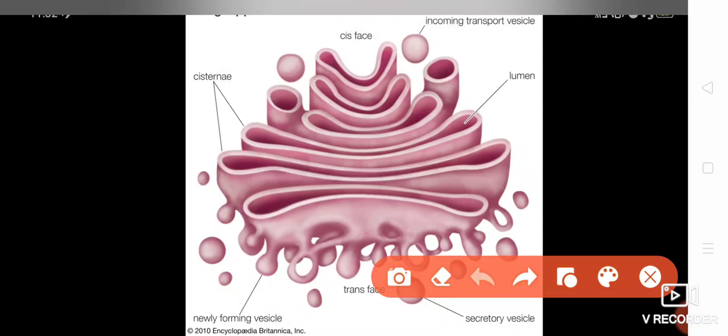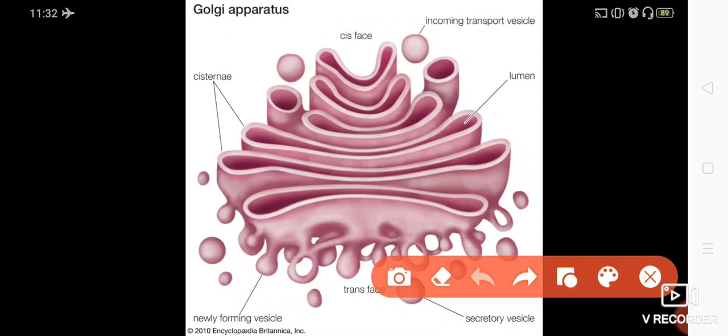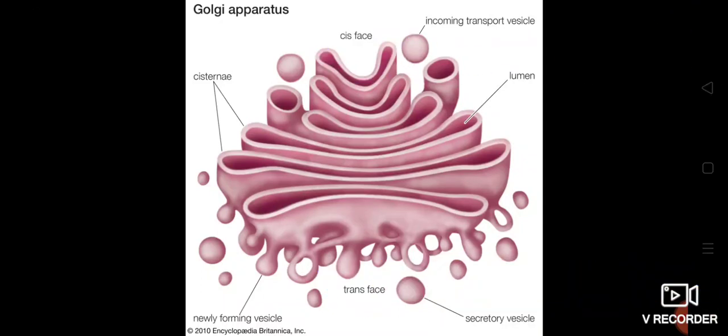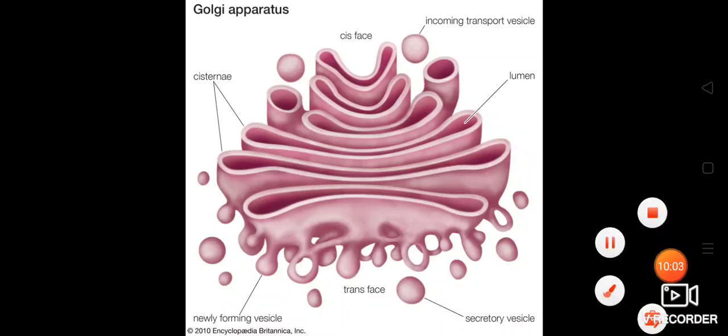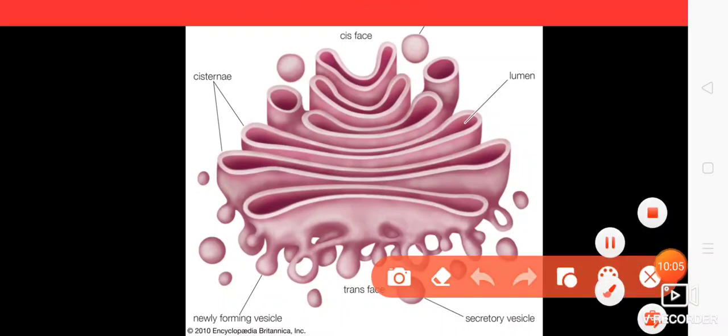Here you will find it is always near the endoplasmic reticulum, and here there will be the nuclear membrane or the nucleus. It has two phases, cis phase and trans phase. See this, cis phase and trans phase. Basically these two phases are the one.